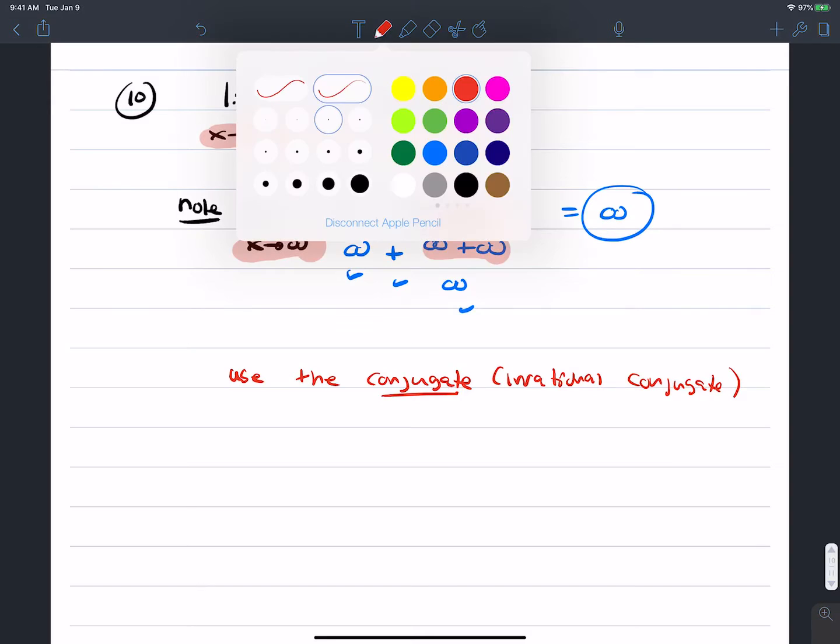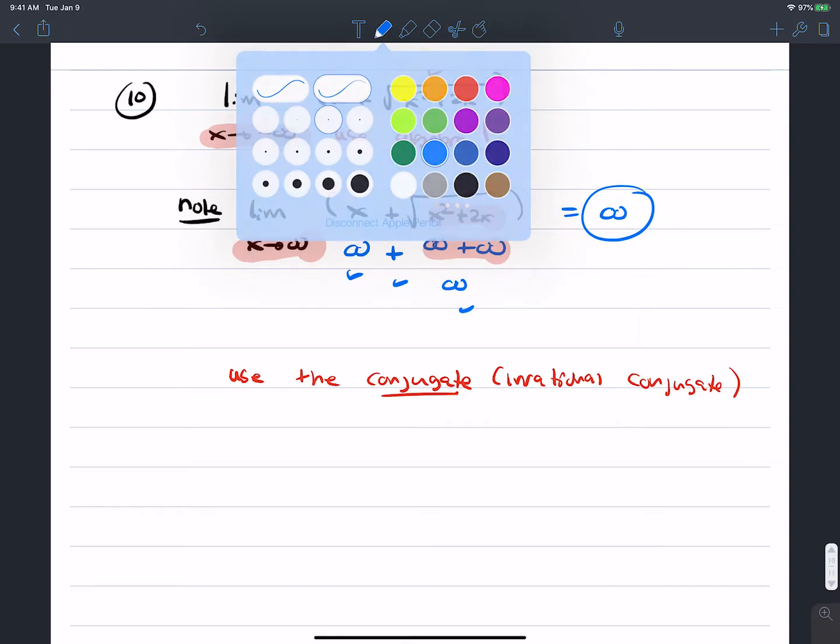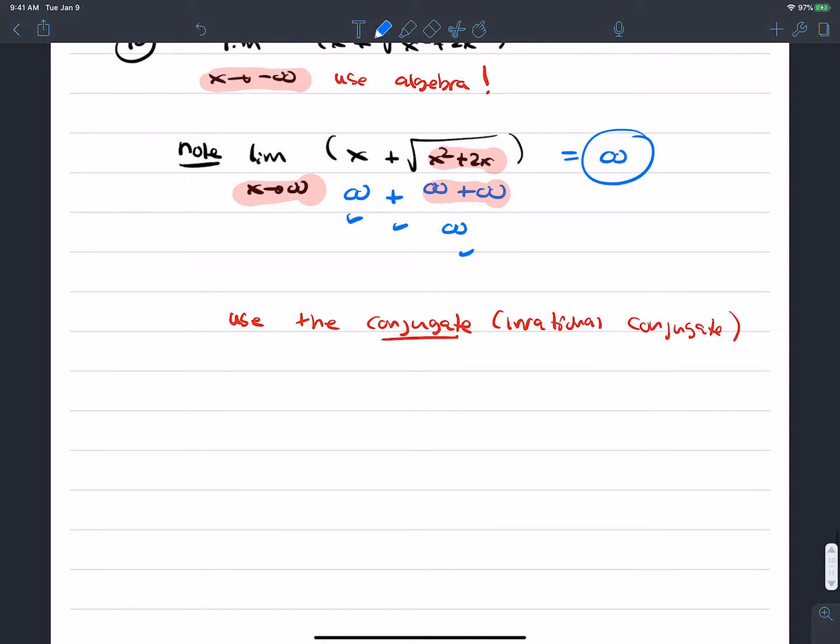So let's look at it this way here. I'm going to change that to blue maybe. So I have x plus the square root of x squared plus 2x. We're going to multiply the top and the bottom by the irrational conjugate. So that's x minus square root x squared plus 2x.